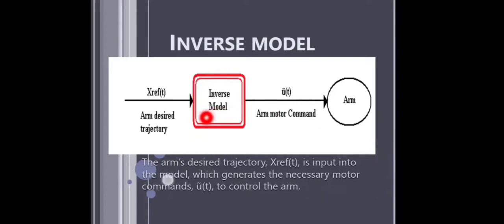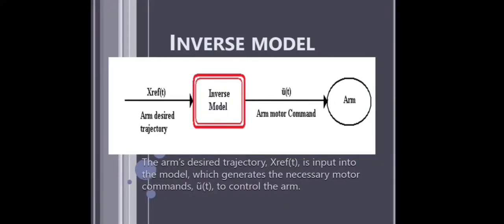So this is the desired trajectory of the arm. It enters the inverse model. The desired trajectory of the arm is input to the model, which generates the necessary motor commands to control the arm.